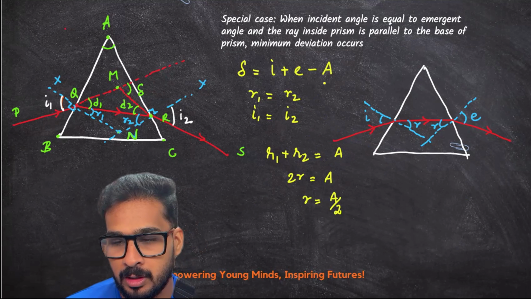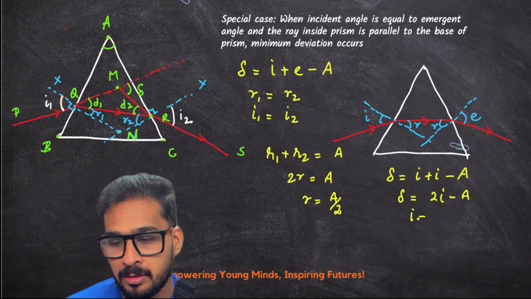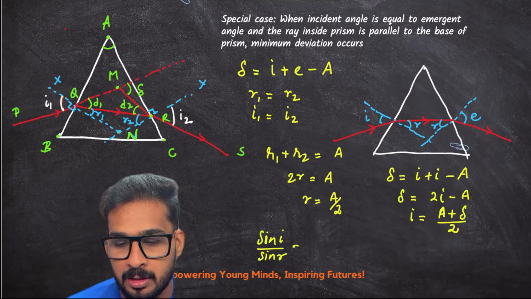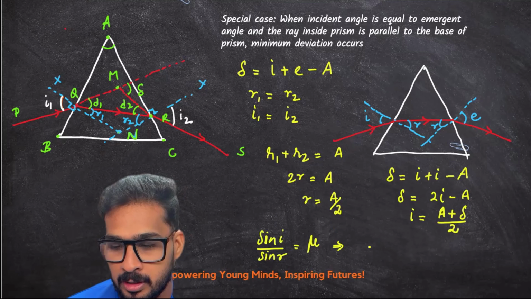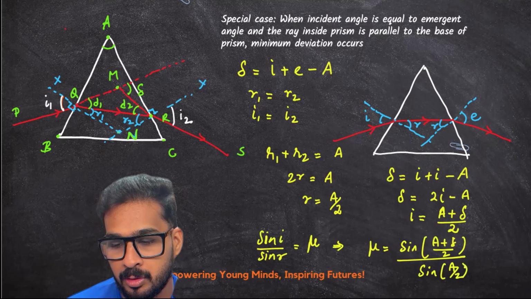From the prism equation, delta is equal to I plus I minus A, so delta is equal to 2I minus A. I is equal to (A plus delta) by 2. Using Snell's law, which states that sin I by sin R is equal to mu, we can conclude that mu is equal to sin of (A plus delta) by 2 divided by sin of A upon 2, which is the required expression.